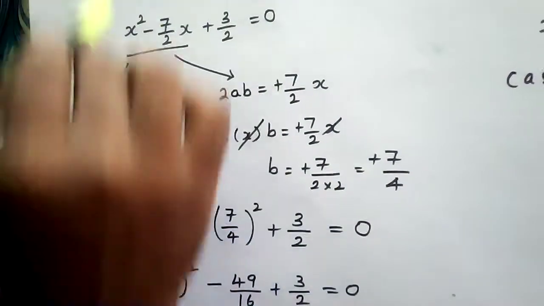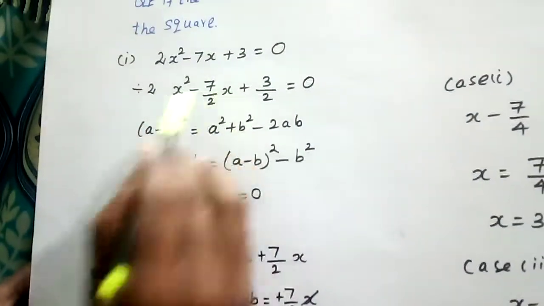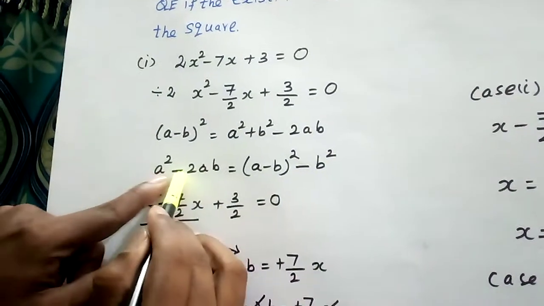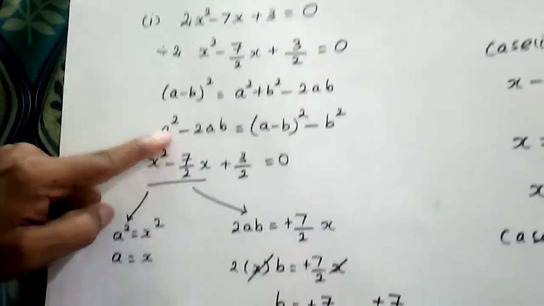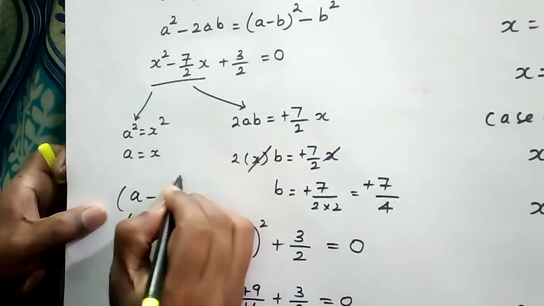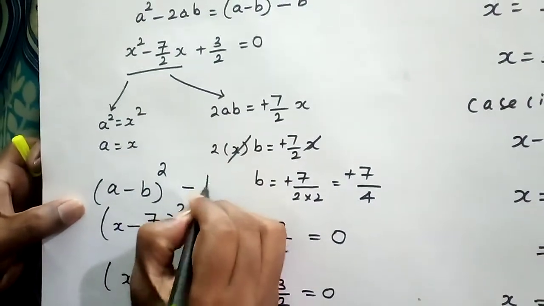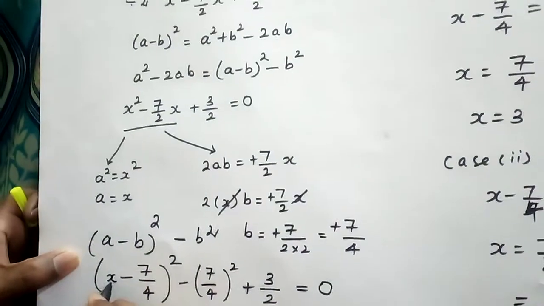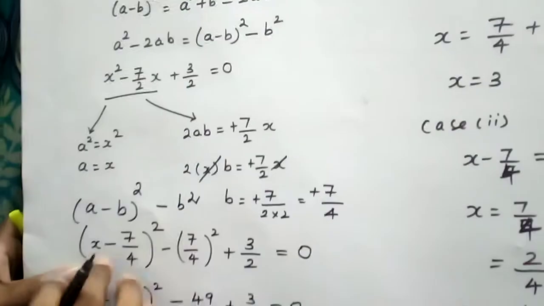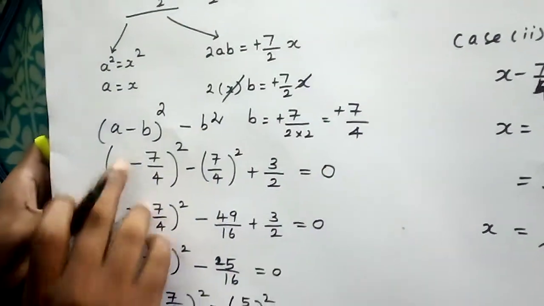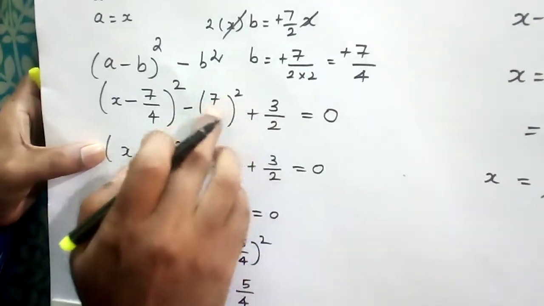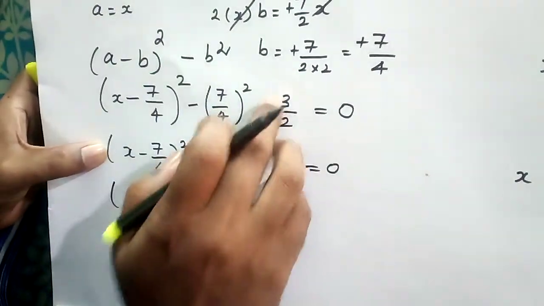Then we substitute into a² − 2ab = (a − b)² − b². The LHS goes to the RHS, which is (a − b)² − b². We substitute a = x and b = 7/4, so we get (x − 7/4)². For the constant, b² is 49/16, and 3/2 comes in.